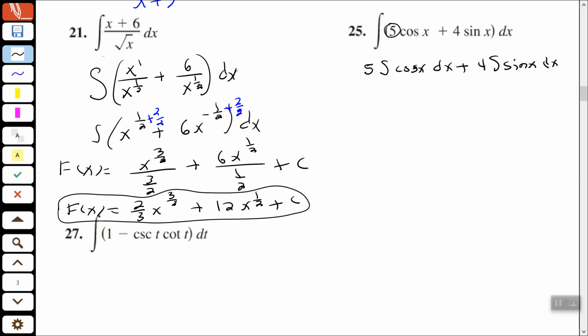The integral of cosine is sine. The integral of sine is negative cosine. So we just have 5 times sine of x plus 4 times negative cosine of x.